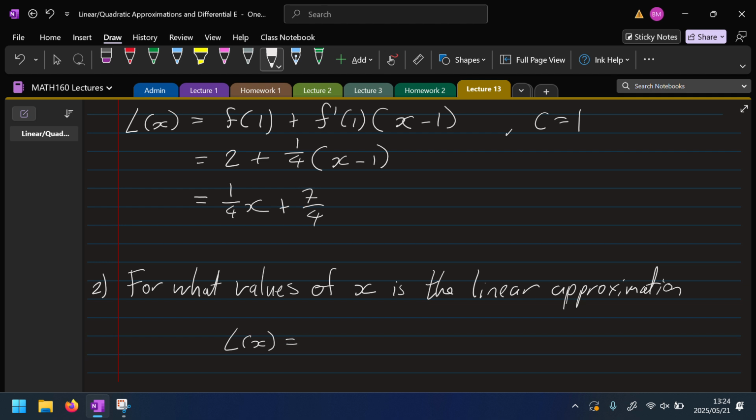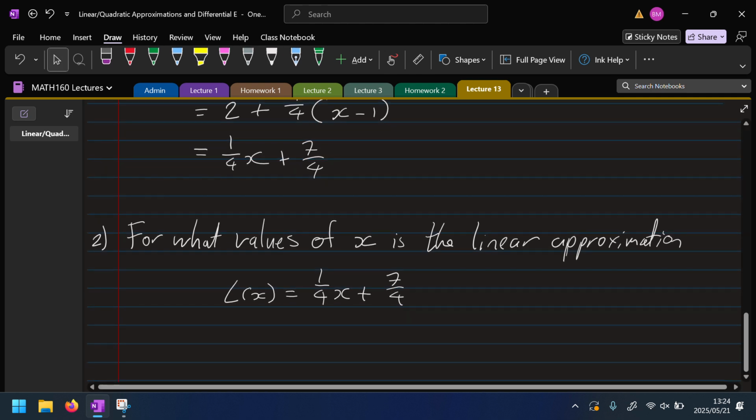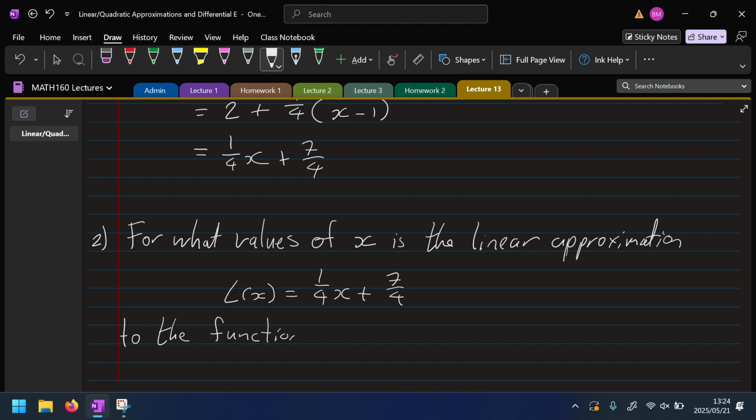It's going to be the same as part 1, so 1/4 x plus 7 over 4, to the function f of x equals root x plus 3. Okay, so same setup as before. Accurate to within a half.